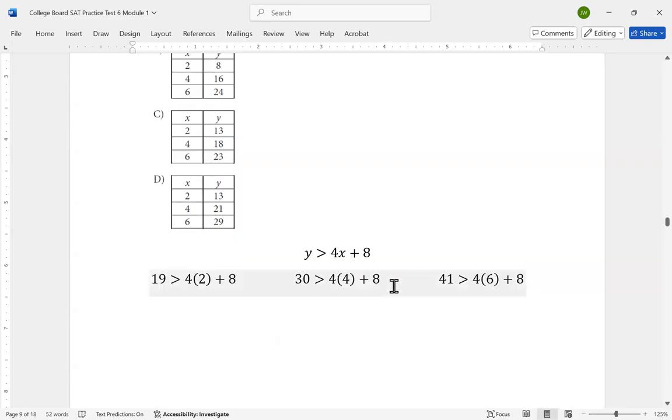And then I'll calculate each one of those.